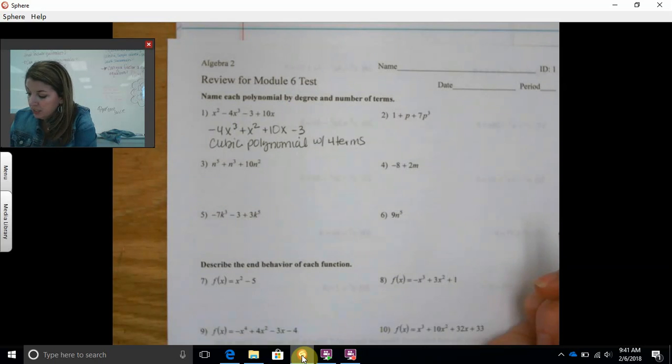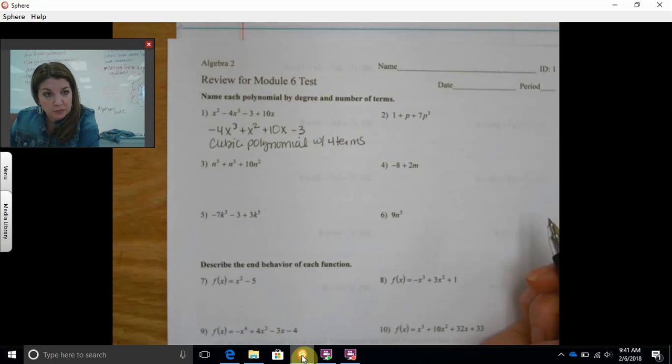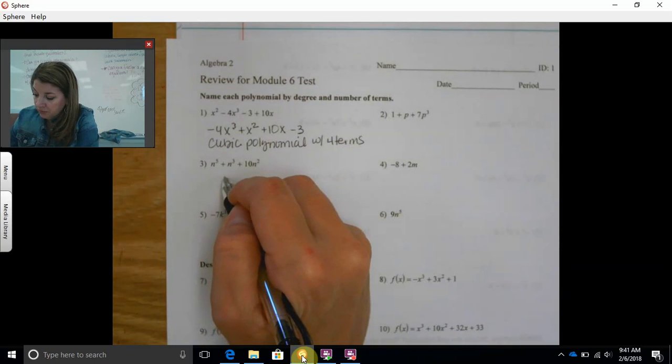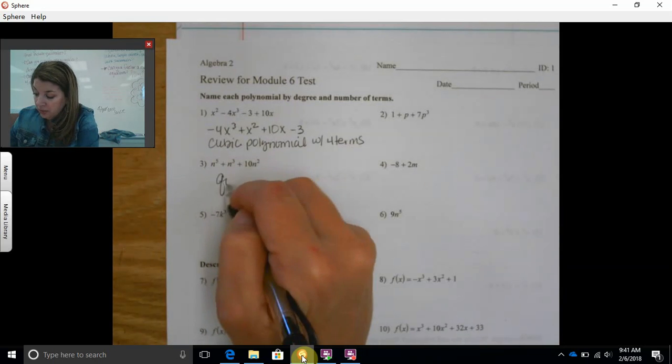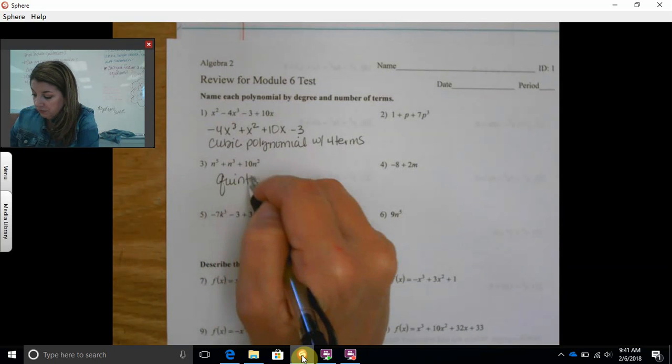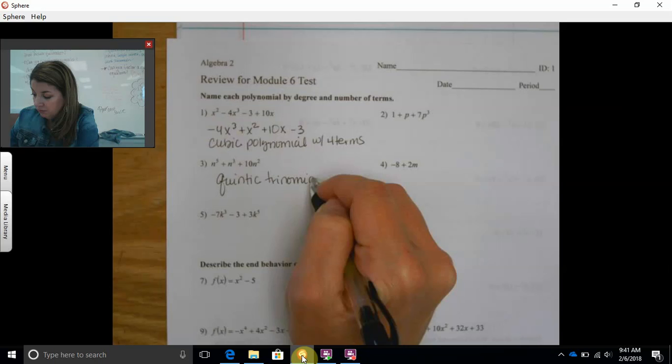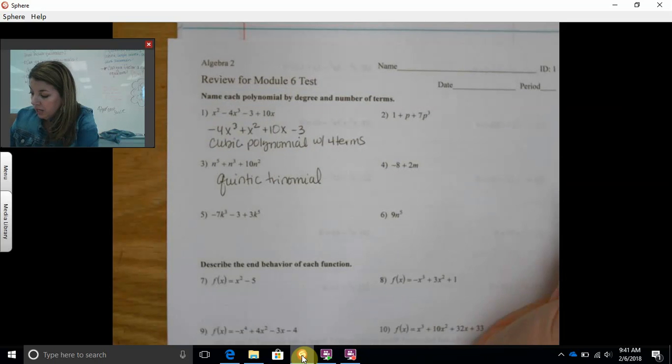Is number 3 in standard form? No, I mean yes. What will we call it? What is it? Not cubic. Quintic trinomial. What would we call number 4?